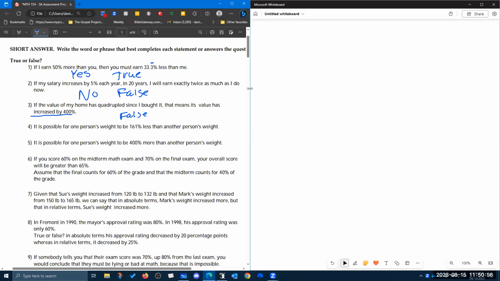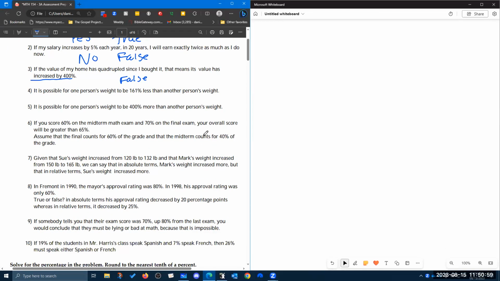So that's false. It's possible for one person's weight to be 161% less than another person's weight. Yeah, that's true. No, I'm sorry, false. This is false.